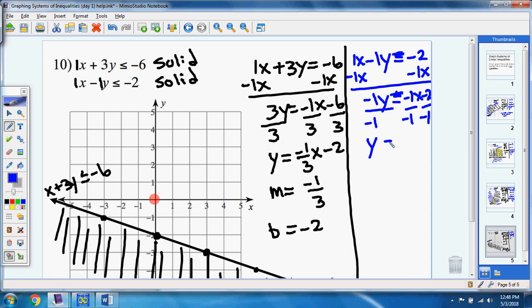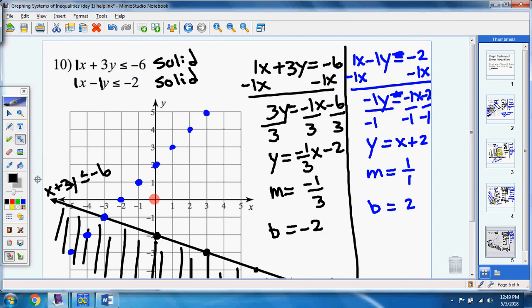So y is equal to, a negative divided by a negative is a positive x. Negative 2 divided by negative 1 is positive 2. So m is 1 over 1, and b is 2. So starting out here at positive 2, I go up 1, right 1, up 1, right 1. Go reverse if you want to, or backwards. Point of intersection.